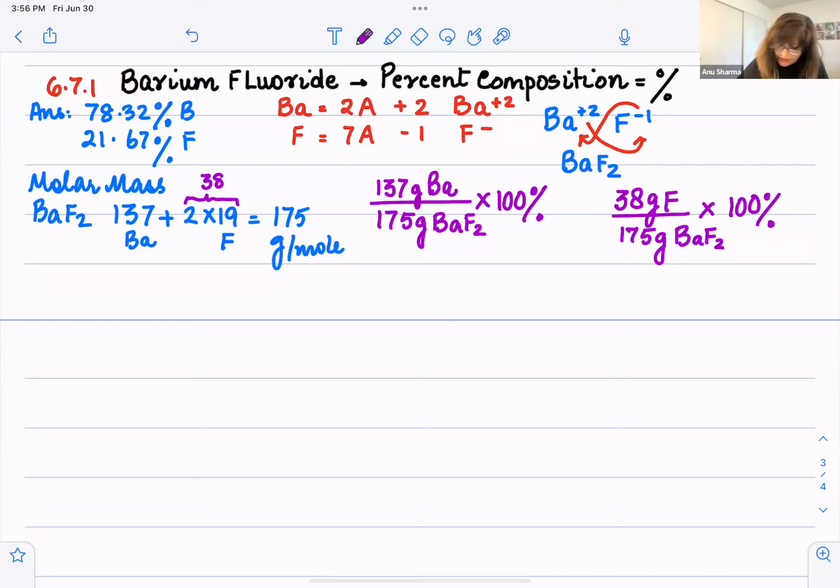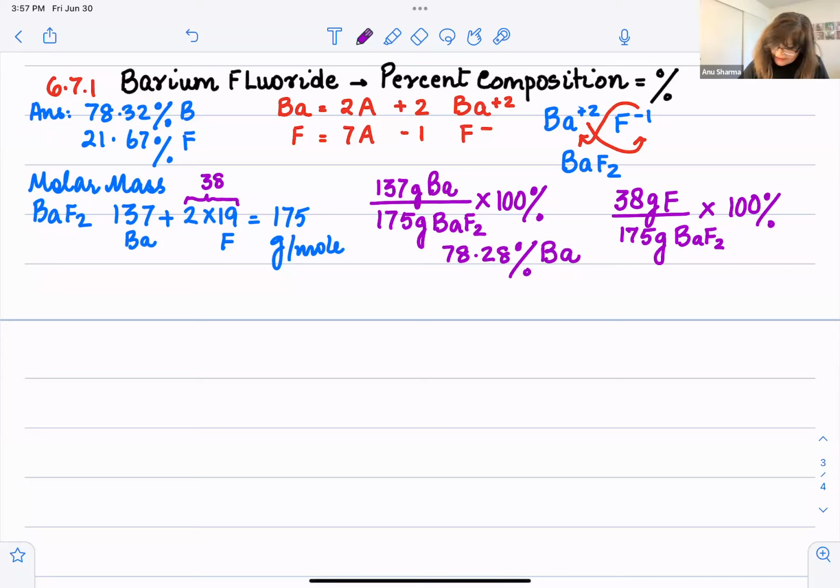So what do you get here? 137 divided by 175 times 100 gives you 78.28% barium.